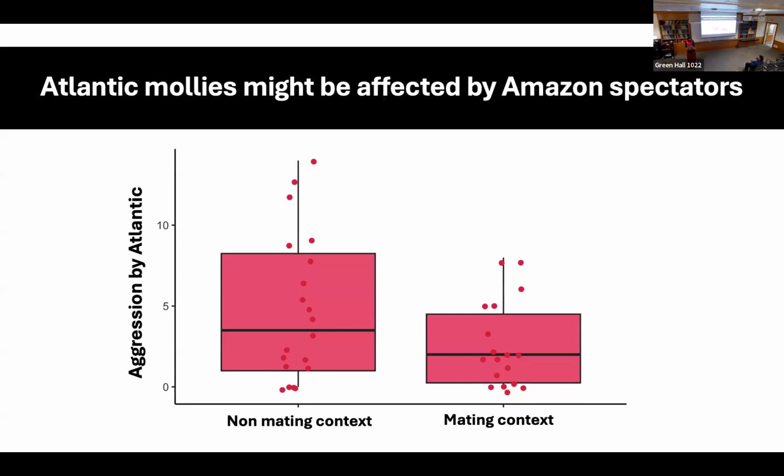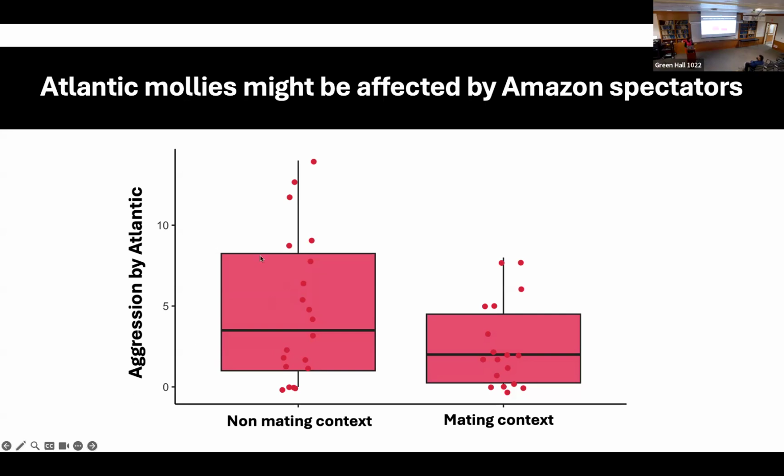And maybe I learned something. So Atlantic mollies might be affected by Amazon spectators. So this on the y-axis now is aggression by the Atlantic. That's number of bites, number of chases that she performed. And on the x-axis, we have the non-mating context where the spectator is an Amazon, and a mating context where the spectator is an Atlantic male, so a male of the same species.